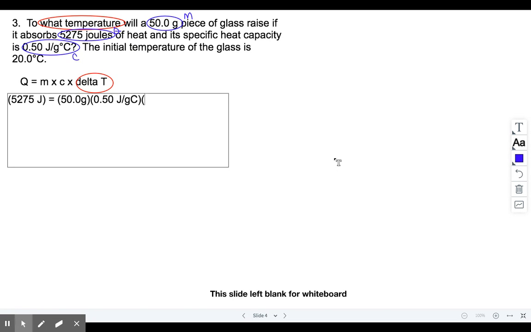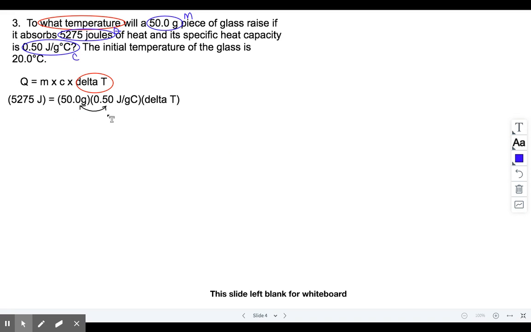And I don't know the delta T. That's what I'm looking for: what's the change in temperature for this glass? Next, I want to multiply these two together and figure out what that is.